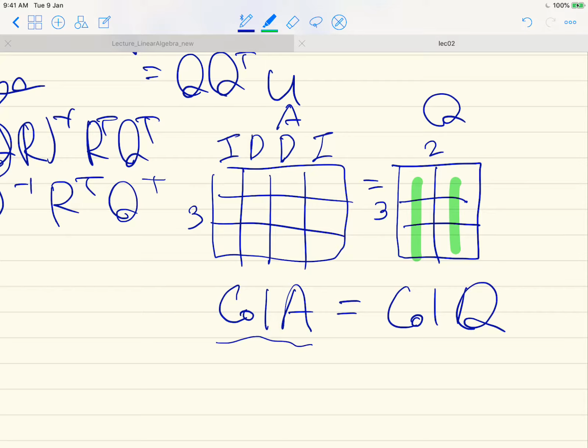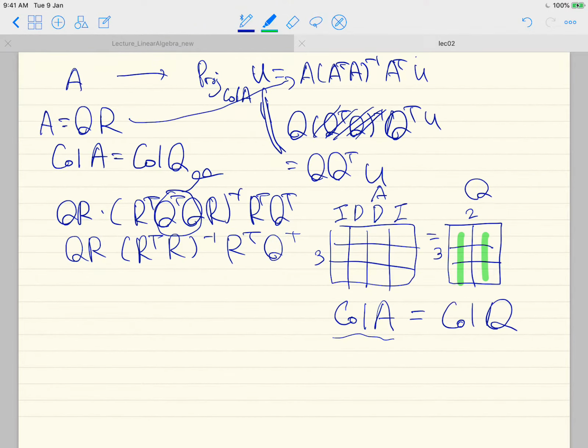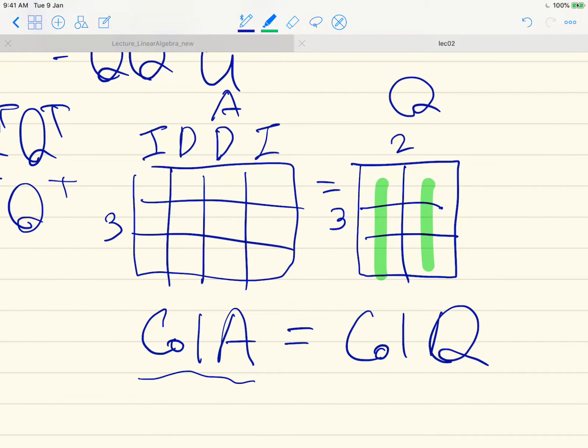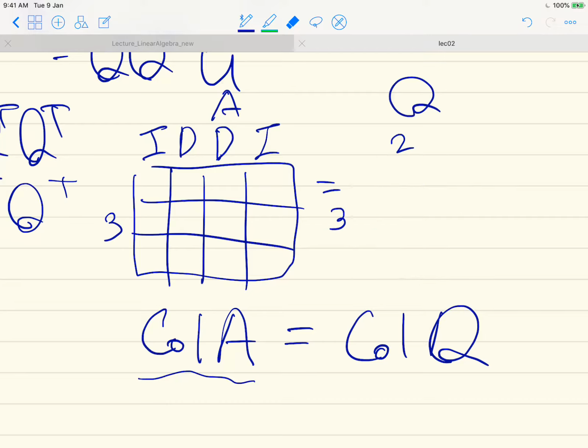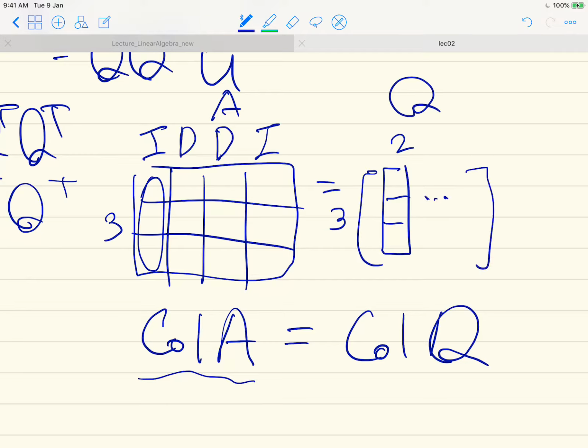But let's think of the Gram-Schmidt process anyway, given this matrix. Given this matrix, we will first normalize it to produce the first orthonormal vector. And so this is Q, and this is R, right?